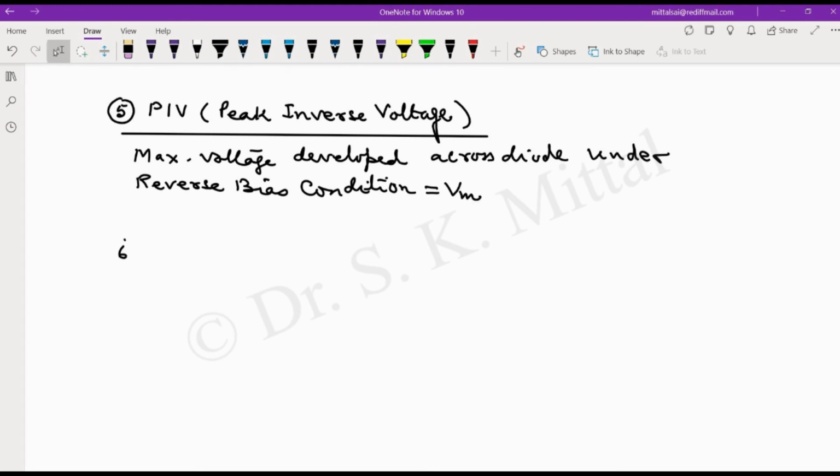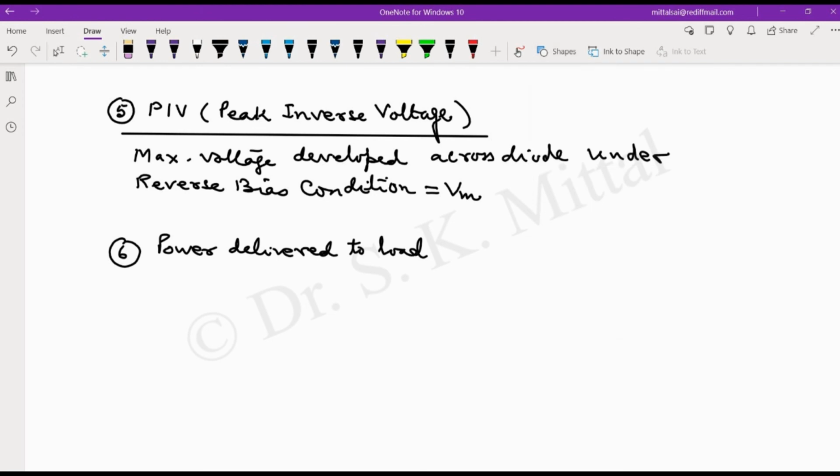Now, the next calculation is the power delivered to load.